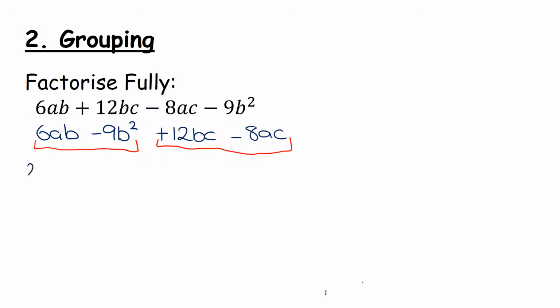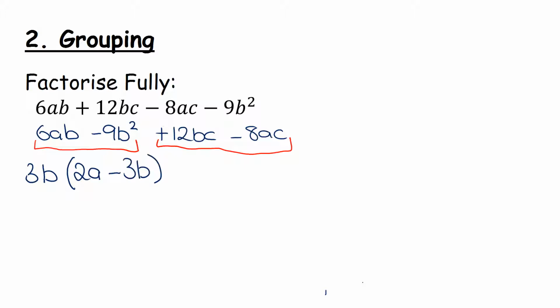Well, there's definitely a 3 common. Again, like our last example, if you want to write this 9b squared as bb, please do. I'm going to just take out one of the b's. I can see there's a b here, and this will have 1b there. That's common. That leaves me with a 2a here. Remember, 3 by what gives me 6? And I've taken out a b, so I just need to put in my a minus 3b.